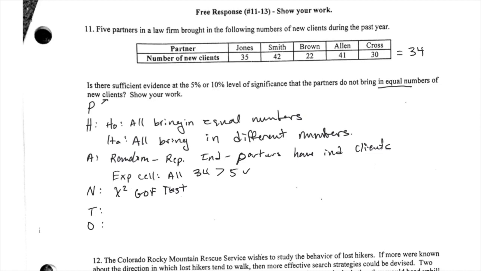Make sure you enter that and hit calculate. And we end up getting a chi-squared statistic of 8.059. We have 4 degrees of freedom. We have a p-value of 0.08947.